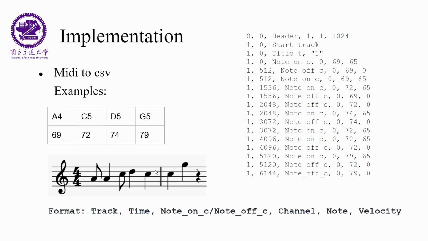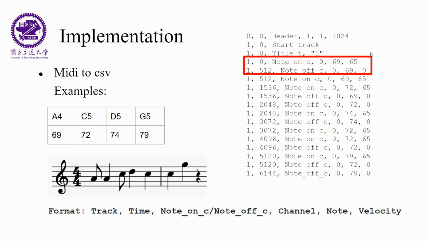For example, the left-hand side is a MIDI file and the right-hand side is part of the CSV file. And in the CSV file, the first 3 lines are just some information about the music. Okay, we don't care about it.